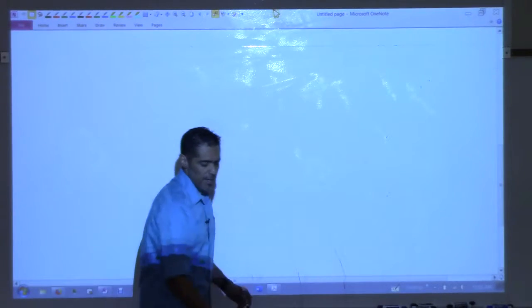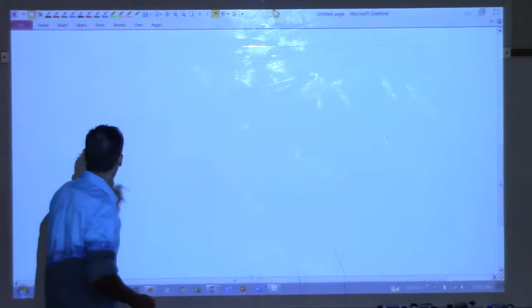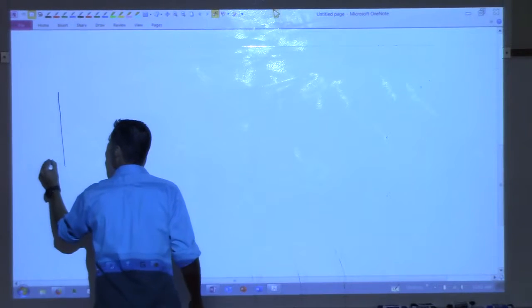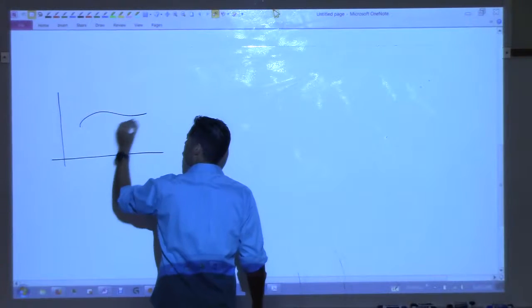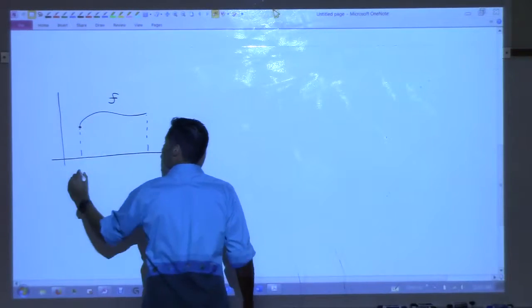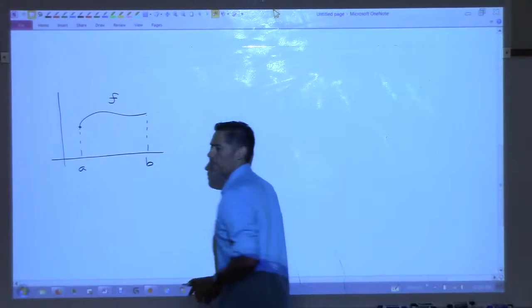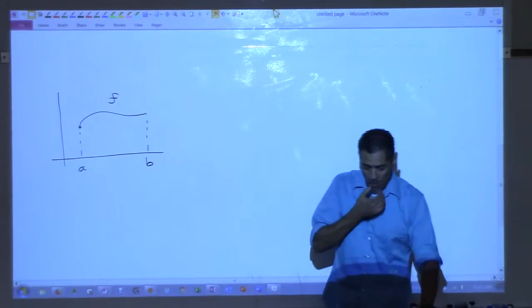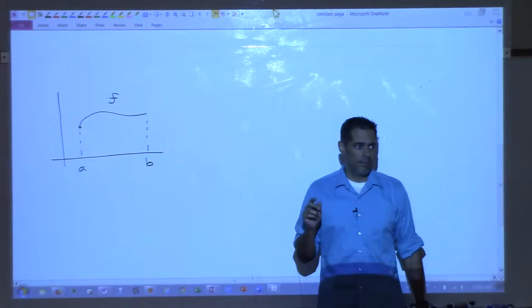Basically what we said is this. We said that if we have some function f on some interval [a, b], what we can do is we can find the area under it, right?